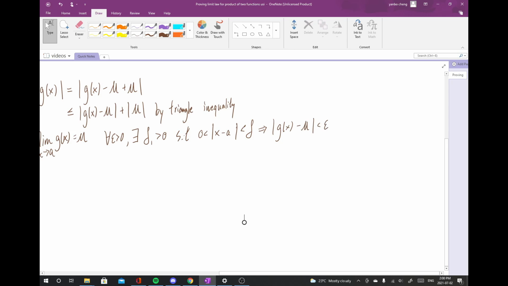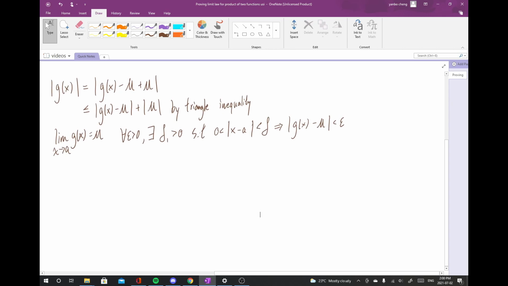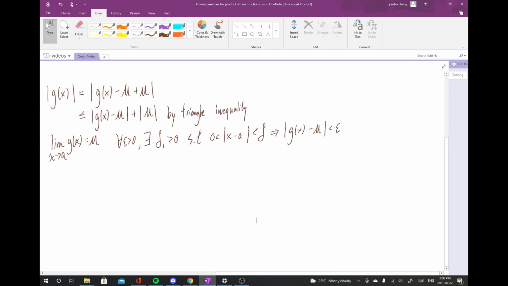And this is true because we assume that g of x is defined on an interval that is centered at a, except maybe not at a.